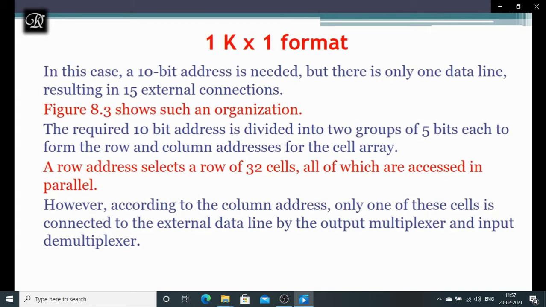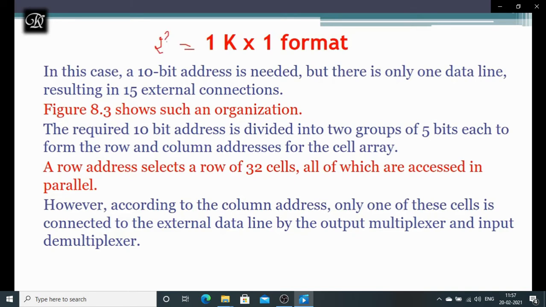Let's design a little bigger memory organization, where we are going to discuss 1K into 1 byte format. This is what I said in the basic concepts we require for this module. Whenever we are given some memory of some size, how do we find the number of address lines required? 2 to the power of what will give me 1K?